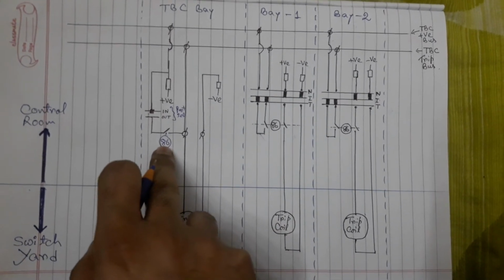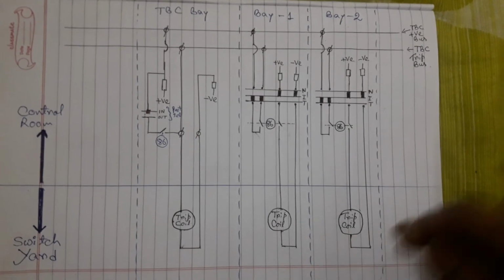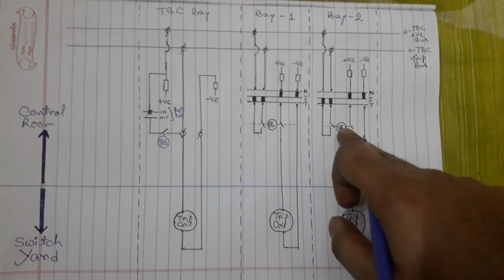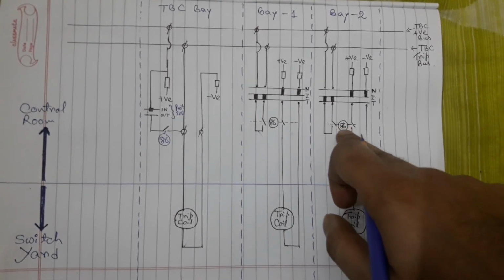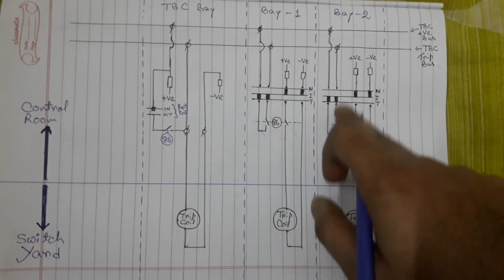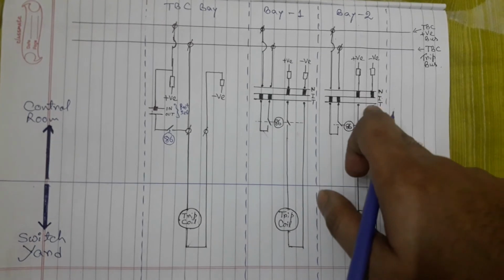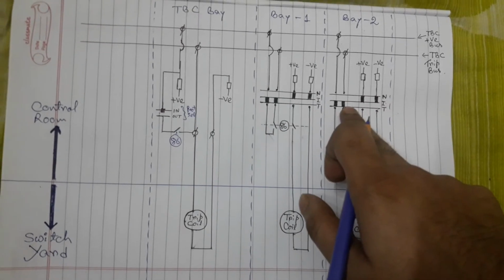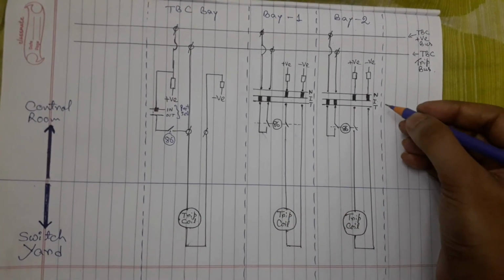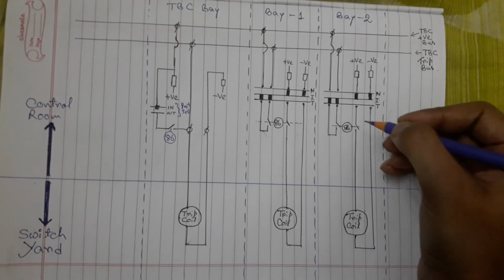So this own bay, this TBC bay 86 will not operate, but there may be a condition that this bay's 86 is not healthy. Suppose this 86 gets burnt out, then if we use the trip transfer scheme, this circuit breaker will not trip on operation of this 86, because this 86 is burnt out.